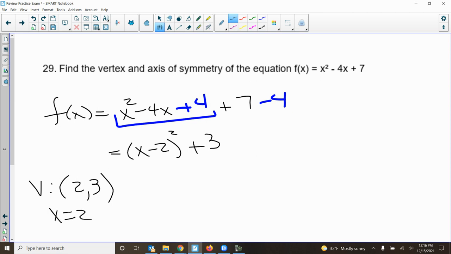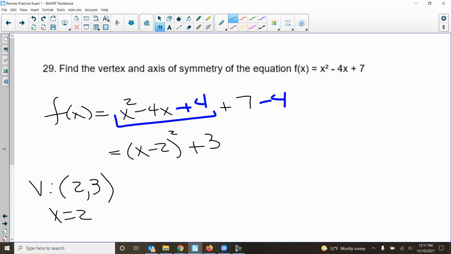X equals 2. X equals a constant is a vertical line, and it always goes through that vertex. So if your vertex were like 7, 12, the line of symmetry would be x equals 7. Completing the square. Questions on 29.